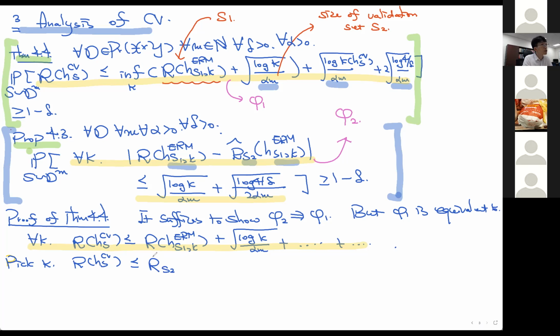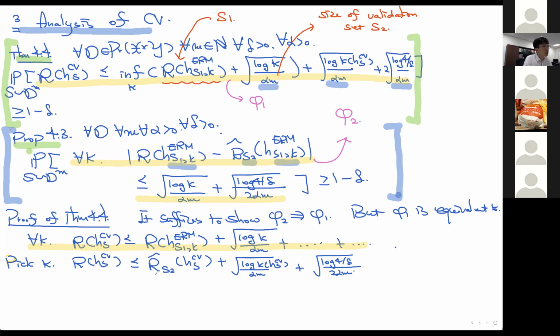So the V2 applies to h_SCB, the solution of cross-validation, plus alpha n, the index of the hypothesis set containing the solution of cross-validation. Yes. So for delta over 2 alpha.